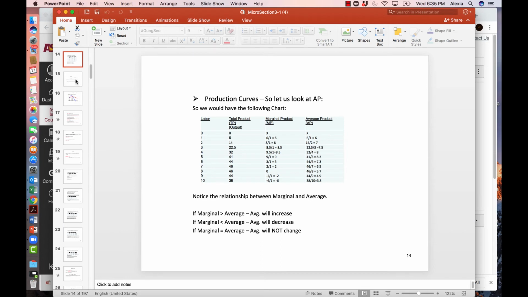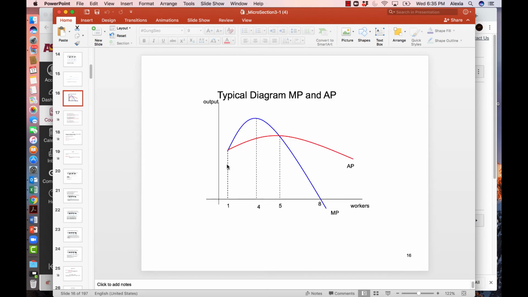The reason that we're showing it here is because this relationship between the marginal and the average helps explain how these diagrams look. Your marginal goes up, up, up, hits a point, goes down, down, down. Your average goes up, up, up, hits a point, and goes down, down, down. When marginal is higher than average, what has to be happening to average?